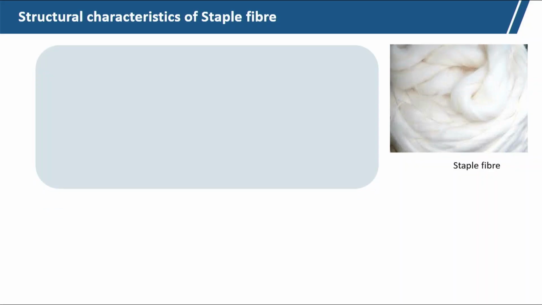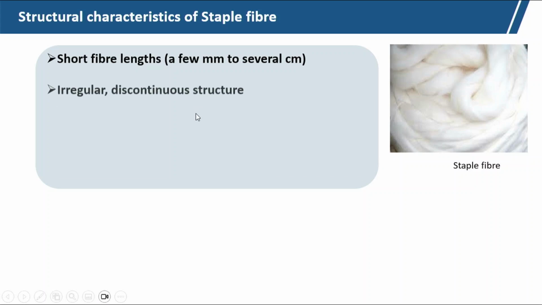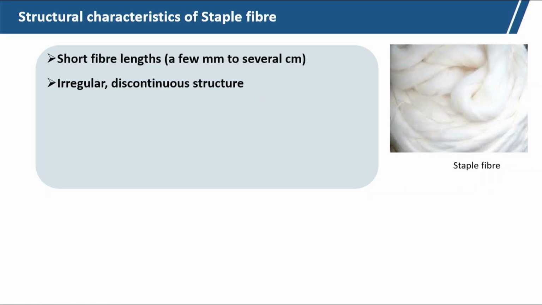So, natural fibers, if we see here, the staple fibers are short fiber length, few millimeter to few centimeter, irregular and discontinuous structure, because these are the natural fibers. So, they are grown in nature. So, there will be irregularity, and as this is staple fiber, they are discontinuous in structure like cotton.